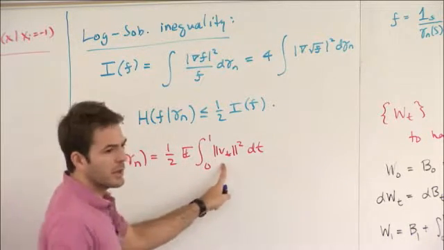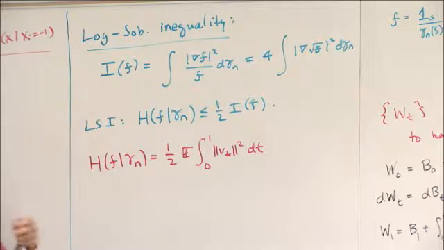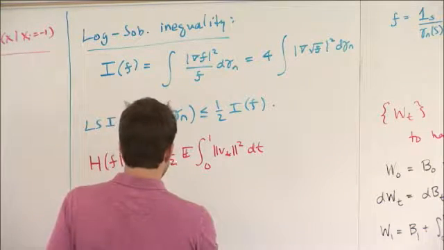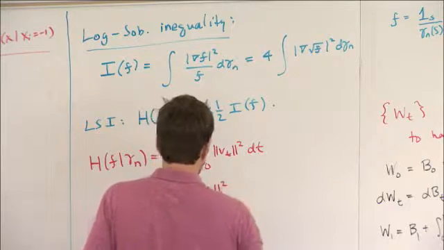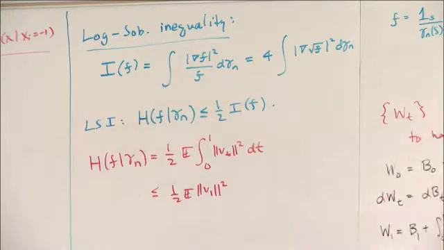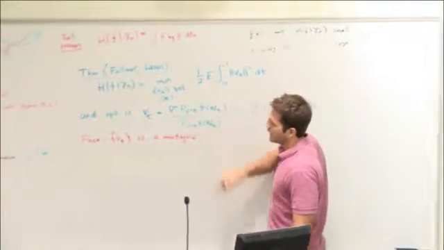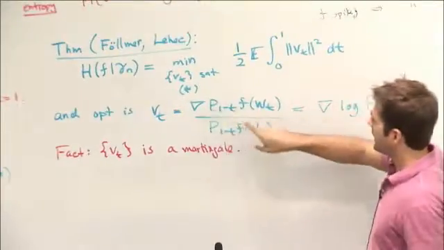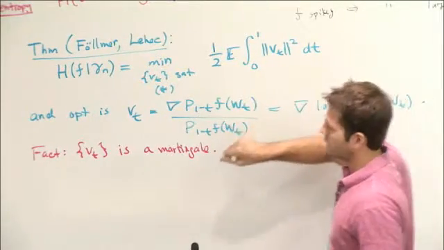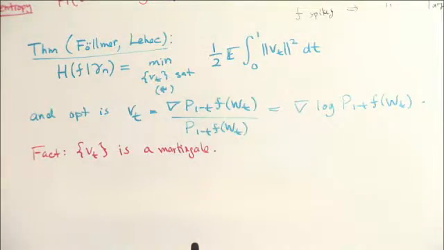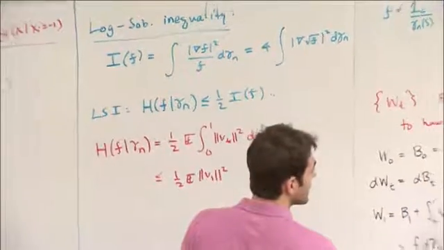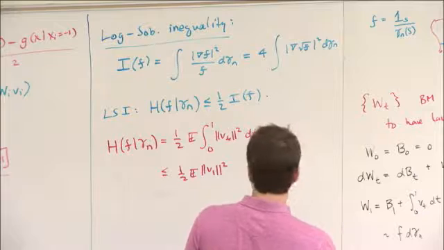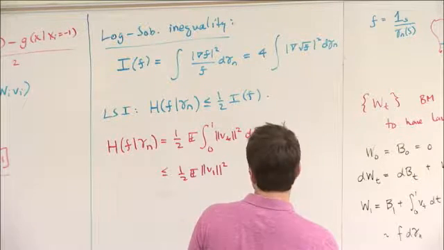Expected value of V_t squared is at most expected value of V_1 squared, so this is at most half expected value of V_1 squared. But just notice what V_1 is. V_1 is exactly the gradient of log f squared, at time 1.